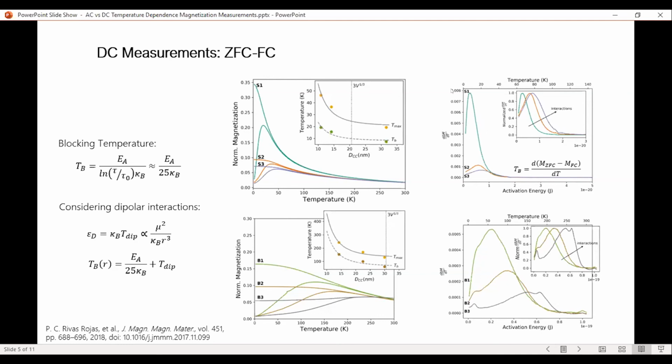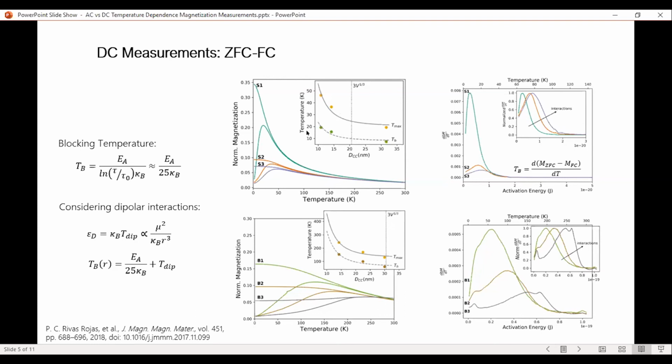And what we can see is that as interactions are bigger, the position of the peak and the broadening of the peak are shifted towards higher temperatures or higher activation energies. This is very well known and expected for more interacting nanoparticles. We observed the same tendency both for the small and the big core nanoparticles.